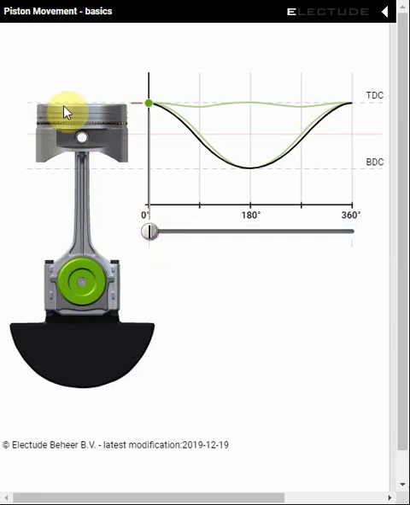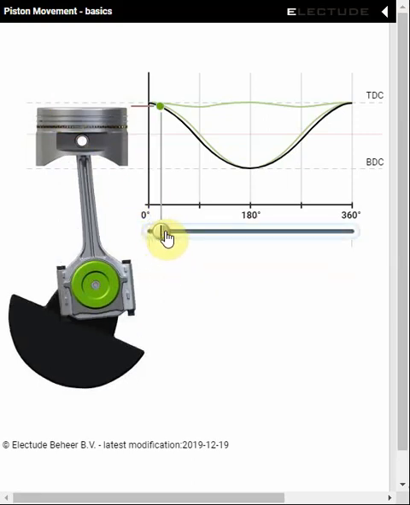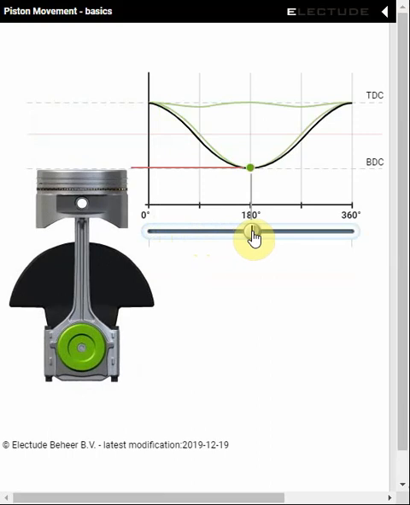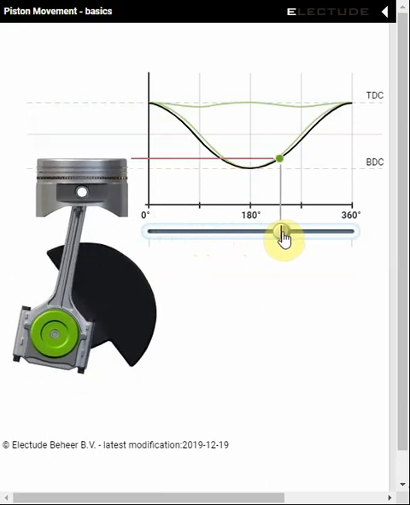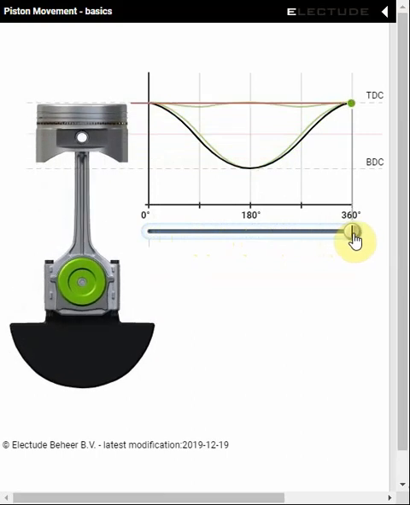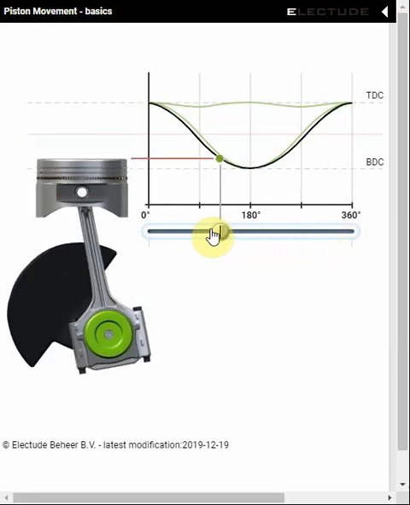So 0 degrees starting at the top, 180 degrees brings us to half a revolution, which is bottom dead center. And then as we continue up to our 360 degrees, one full revolution, back up the top dead center again, 360 degrees.